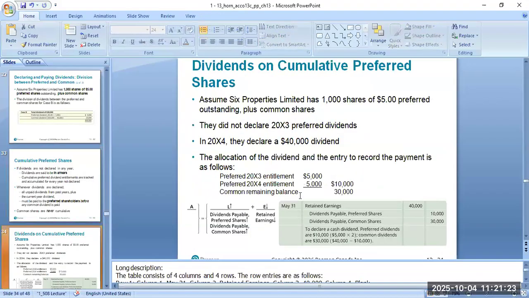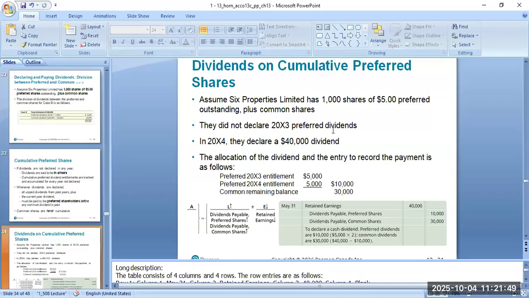Now let's see how this is going to work. Assume that the company again has 1,000 preferred shares which receive $5 per share. The company didn't declare any dividend in the 2023 year. In 2024, they declared $40,000 in dividends. Now, who's going to get what?